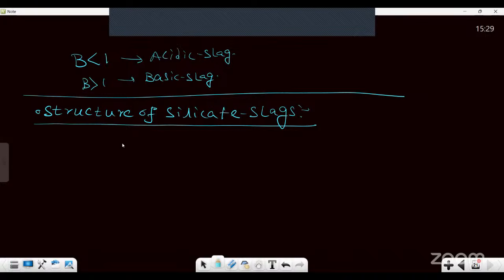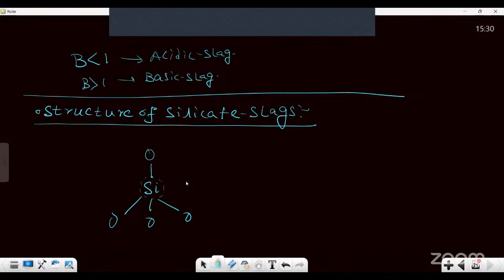Each silicon atom is tetrahedrally bonded to 4 oxygen atoms, possessing both long range and short range order.